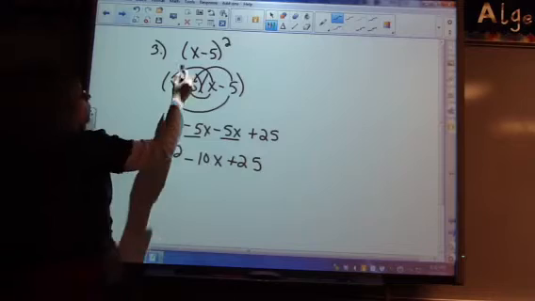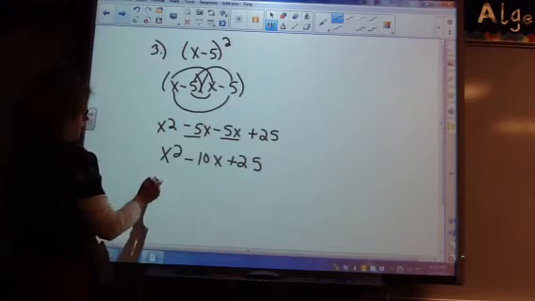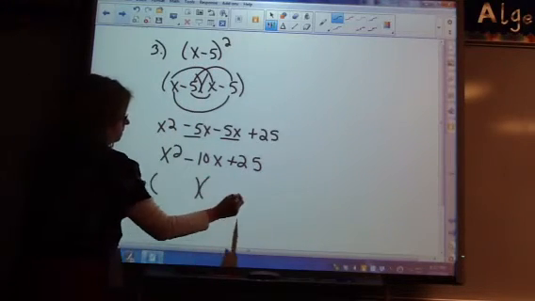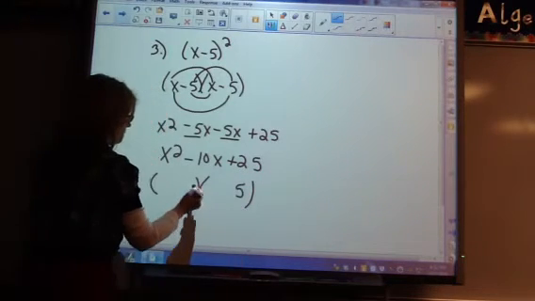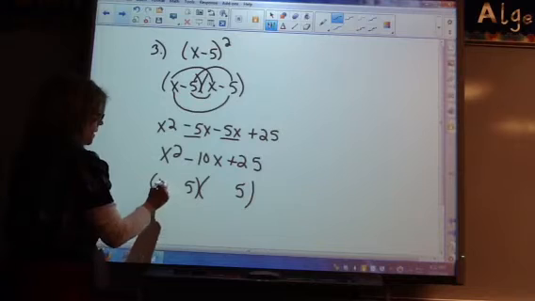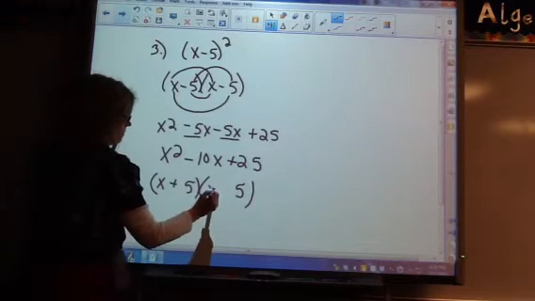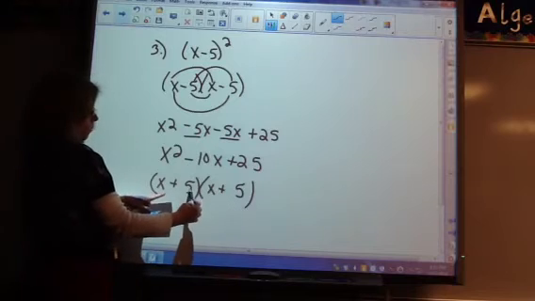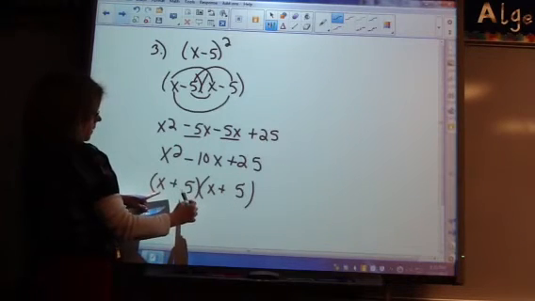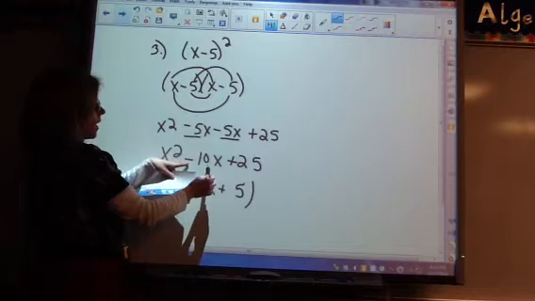Now, what's different when you're subtracting with perfect squares, okay? So, square root of 25 is 5. However, right here in the middle, when we take negative 5x and negative 5x, we're going to get a negative 10x.